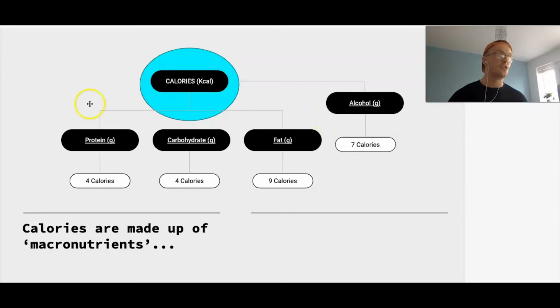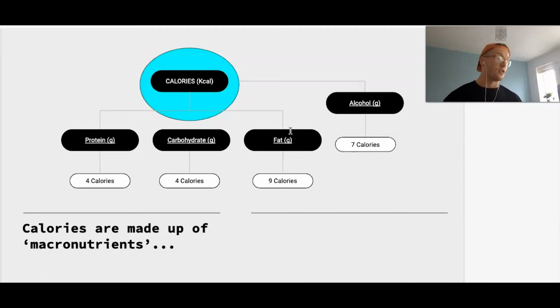Each of these nutrients, as you can see if you follow them down, has an energy value associated with it per 1 gram. So for 1 gram of protein, there is 4 calories. For 1 gram of carbohydrate, there is 4 calories. For 1 gram of fat, there is 9 calories. And for 1 gram of alcohol, there is 7 calories.